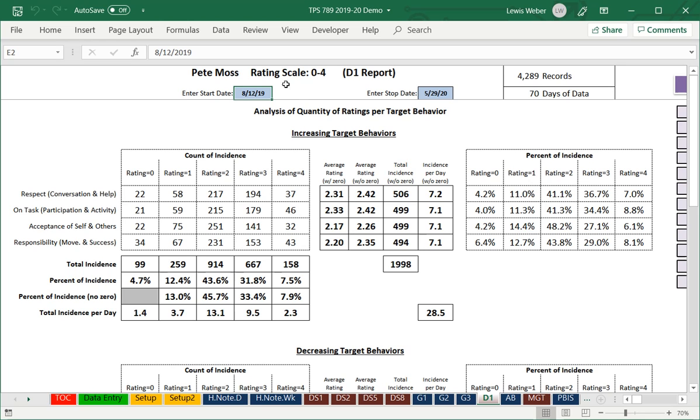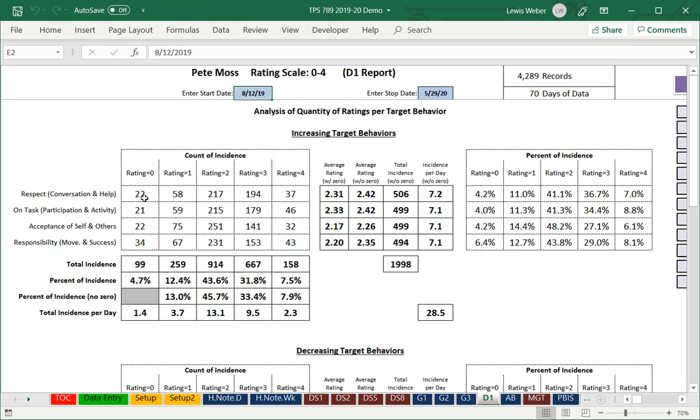I know that from the top here, but I also know it because I have that listed as a rating. If it was a 0 to 3, that heading would go away, or if it was 0 to 1, these headings would go away. We wouldn't see any data over here. So that's how I know, in multiple ways, that the ratings go through 0 to 4.